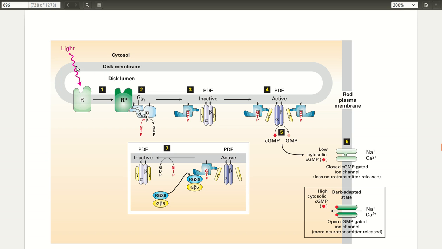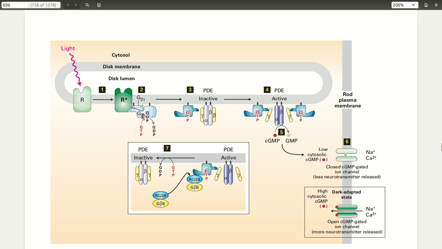When light activates one of these receptors, it becomes activated, shown here by R star. And then this allows binding of a G protein. This binding causes the GDP from the bound G protein to become swapped out with the GTP.